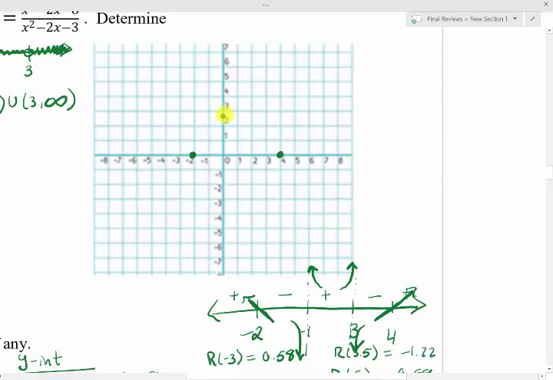And I'm going to plot any asymptotes I have. So I have a vertical asymptote at negative 1. And a vertical asymptote at positive 3. And then we also have our horizontal asymptote at y equals positive 1.